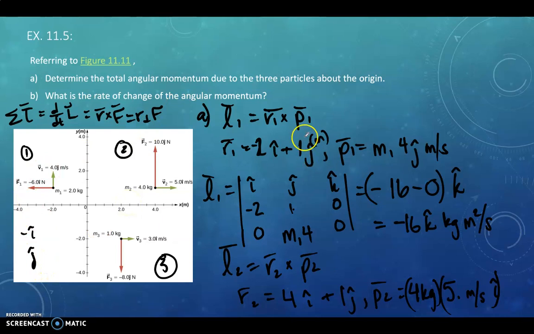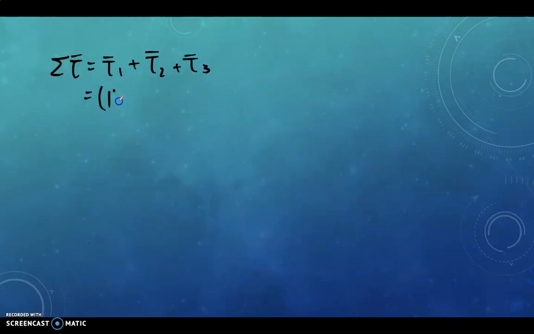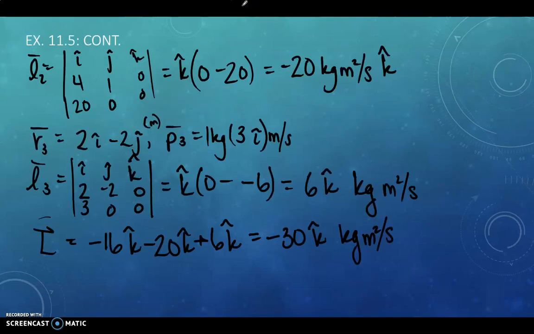So 1 meter times minus 6 newtons. This is in meters and this is in newtons, and so this is going to be in k hat. Plus our second torque.